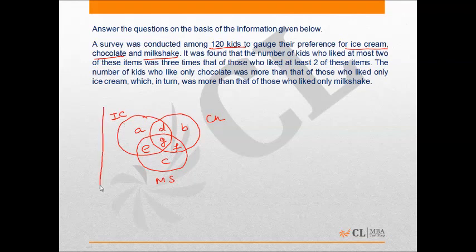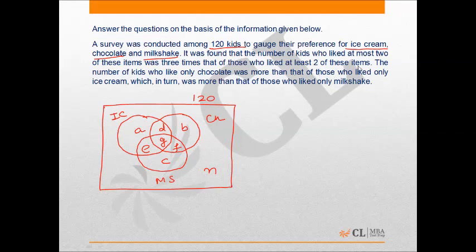So put this Venn diagram into a box. Why? Because there is another variable N, which means the number of kids who do not like any of the three, right? So the summation of all these variables should be 120, right?